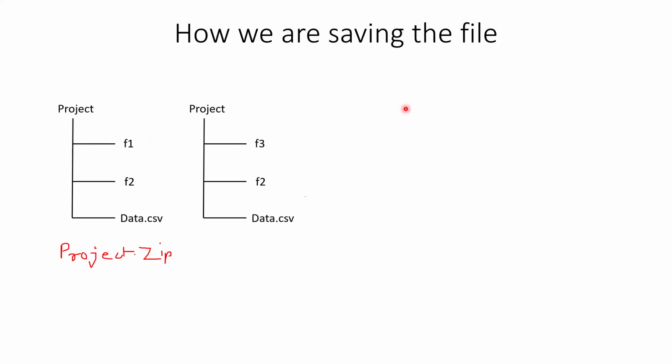You started with the very first version, let's call it project.zip. Then you got some feedback and changed a couple of things in the project, and you said, okay, now this is my final thing, and I will call it project_final.zip. Now we have project_final.zip.